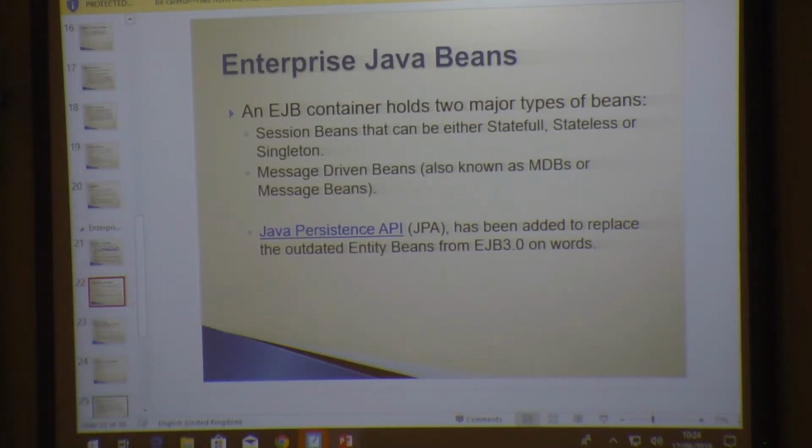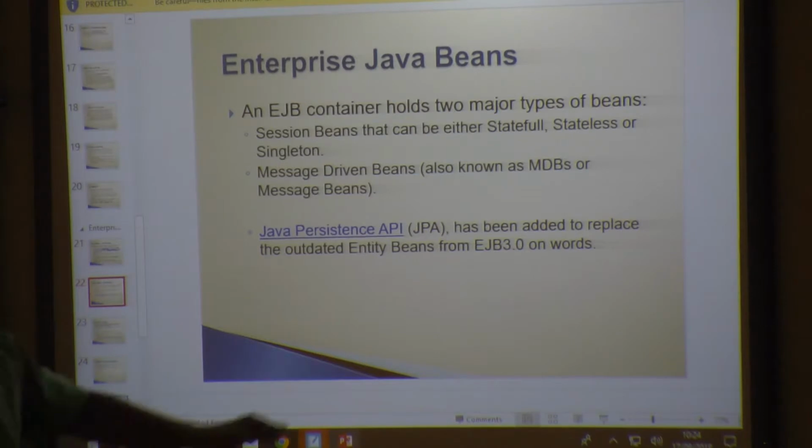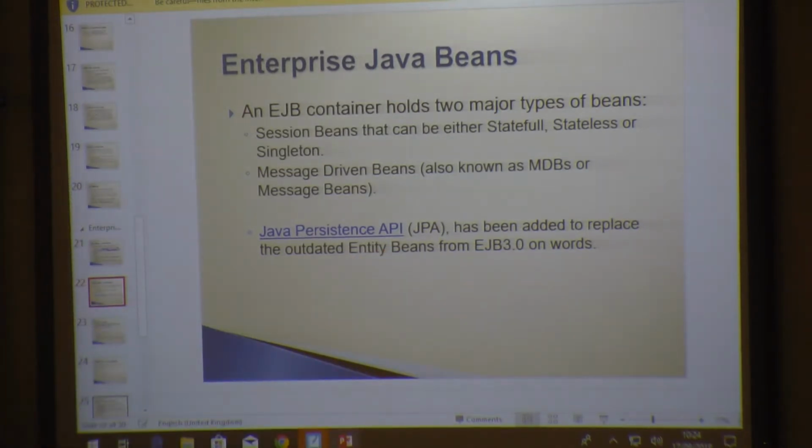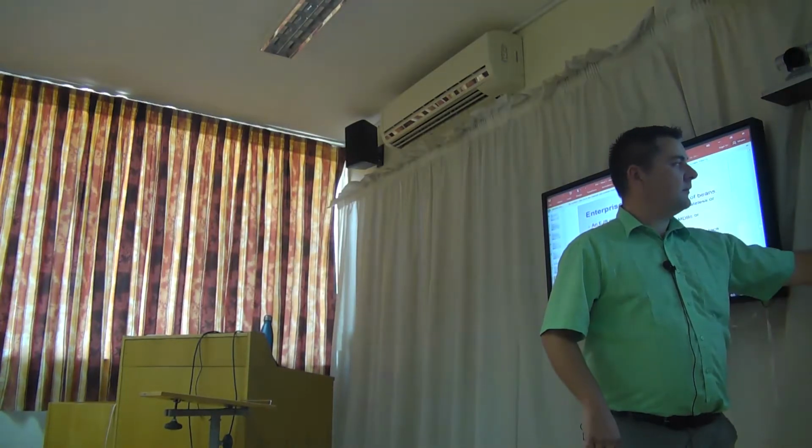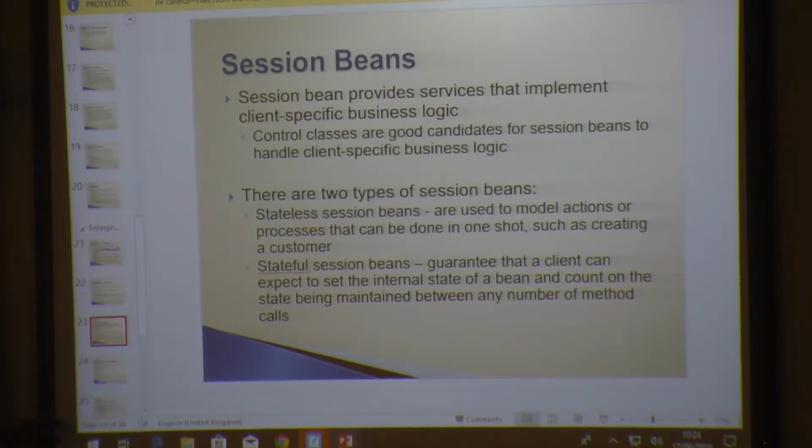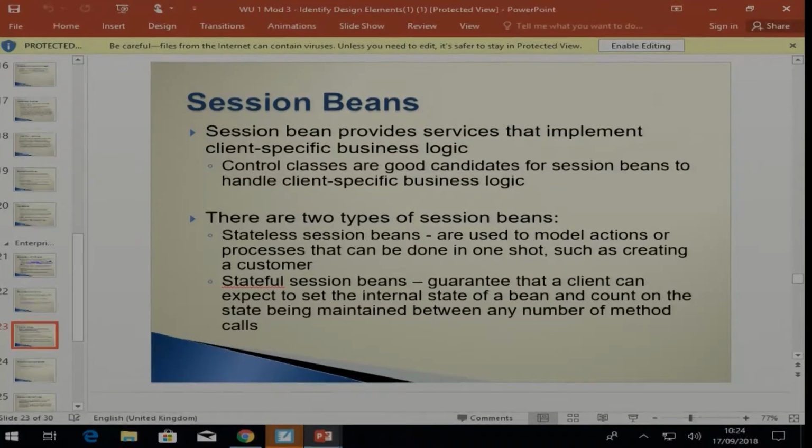Then we also have Java Persistence API or JPA entities, and there is a bit of a discussion that continues into this. Session beans provide services that implement client-specific business logic, and control classes in one case is a good case if we are having client-specific business logic.